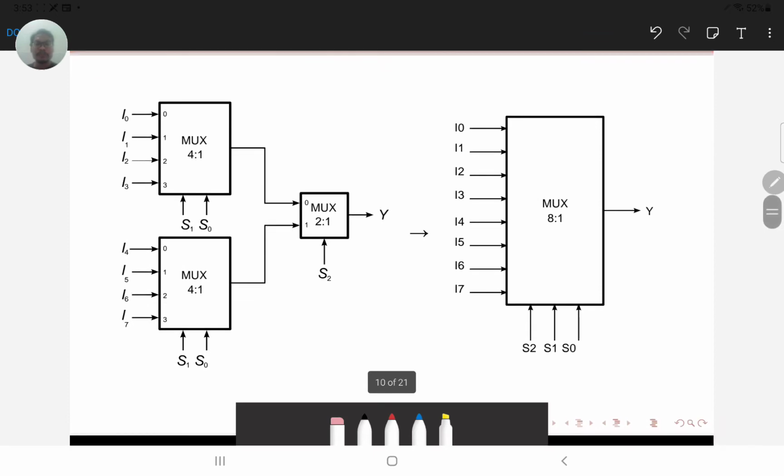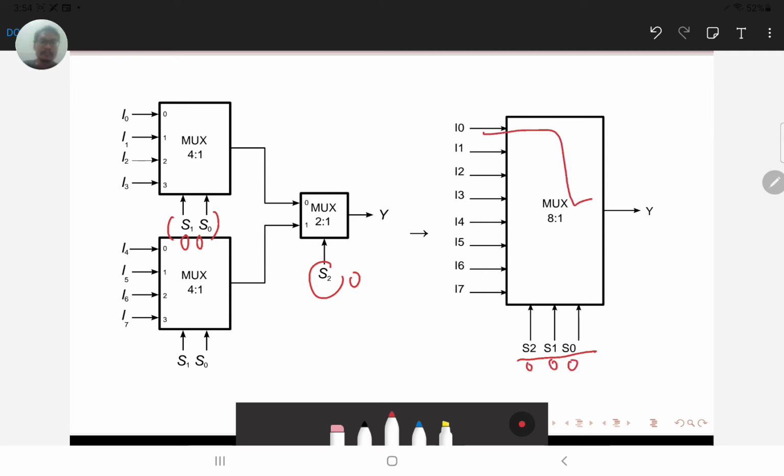We can also extend this to a 4 to 1 and 2 to 1 for a 3-input case, where S2, S1, S0 are the selectors for a basic 8 to 1. But if we only have 4 to 1 and 2 to 1 available, we can put S2 there, and S1, S0 there. If I put 0, 0, 0, I'm expecting I0 to go out.